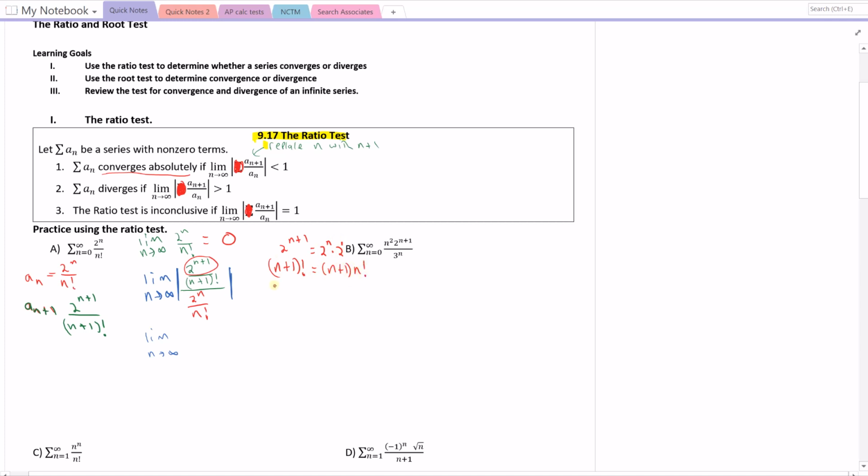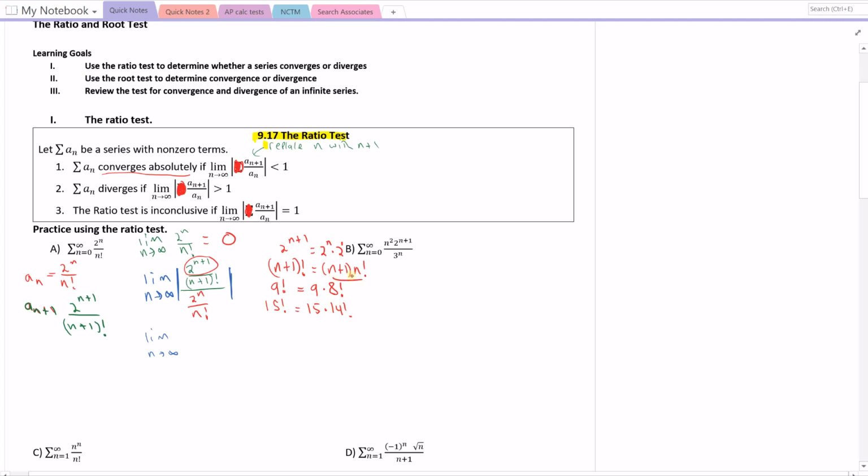A helpful way to think about this is if I have 9 factorial, that's the same as 9 times 8 factorial. So an n plus 1 is always the higher one. If I had 15 factorial, that's the same as 15 times 14 factorial.